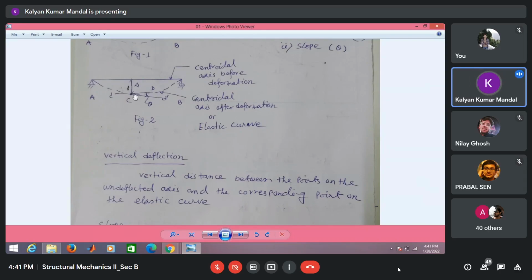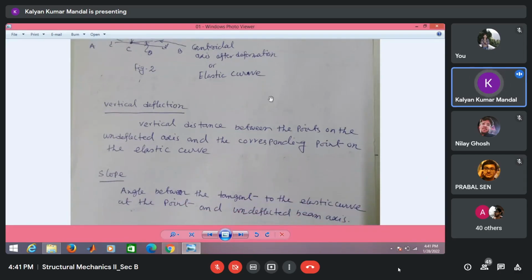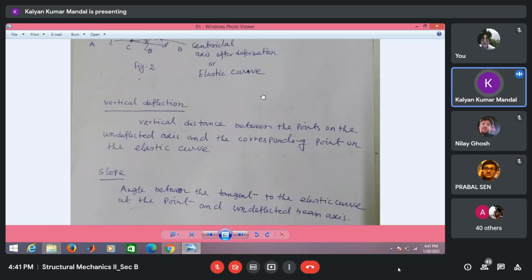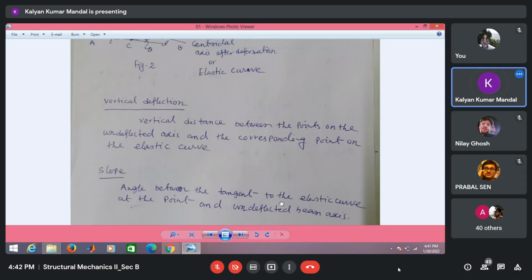We call this deflection delta, the vertical deflection. Similarly, the slope is the angular deformation. The slope is the angle between the tangent of the elastic curve at that point and the undeflected beam axis.